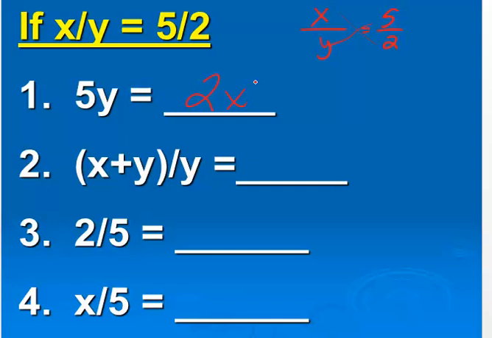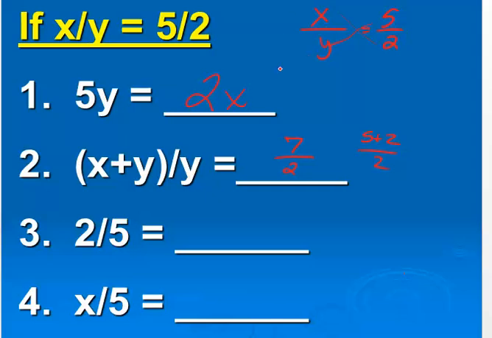Number 2, x plus y over y, we're adding the denominator to the numerator. Therefore, we would get 5 plus 2 over 2, which is 7 halves on the other side. Number 3, 2 over 5 is the reciprocal of the second ratio in our proportion.